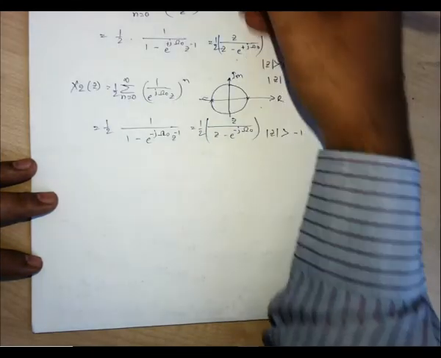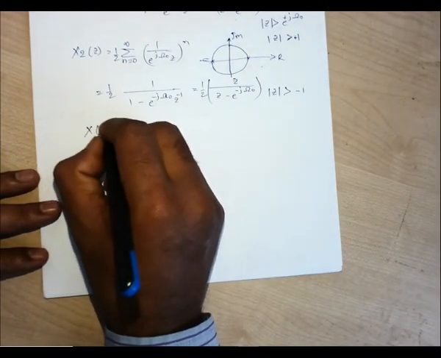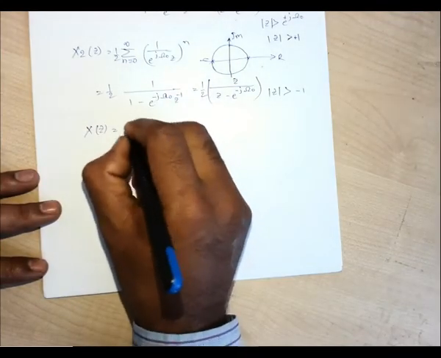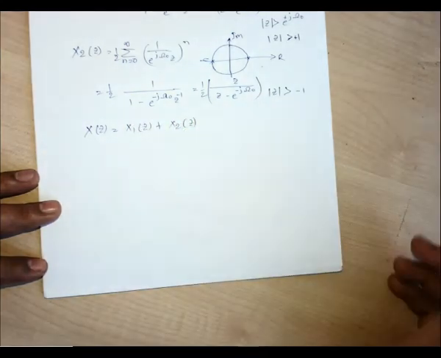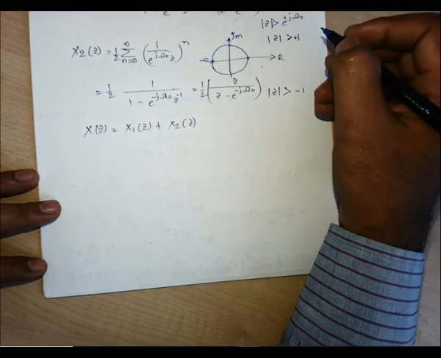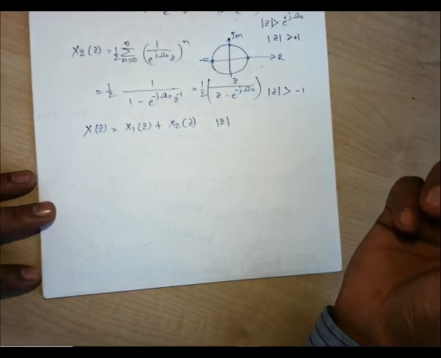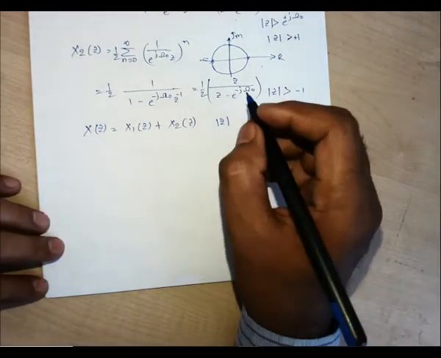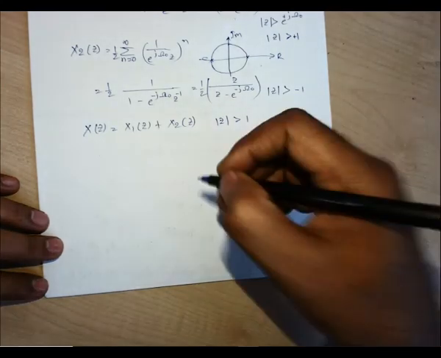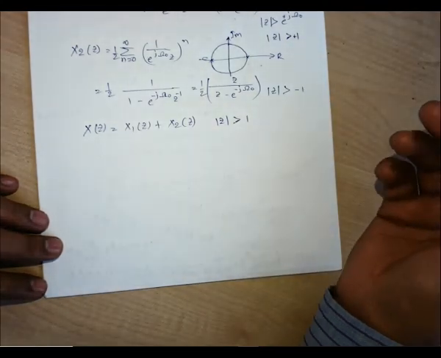So for X of z, that is X1(z) plus X2(z), this ROC will be the same, that is mod of z should be greater than 1. We can take it as minus or plus, so we simply go with the plus value.